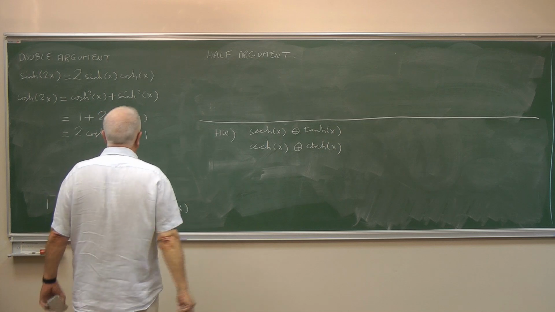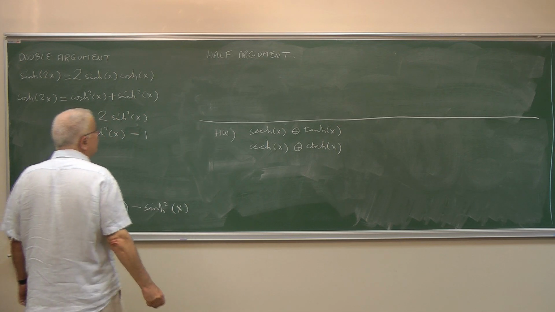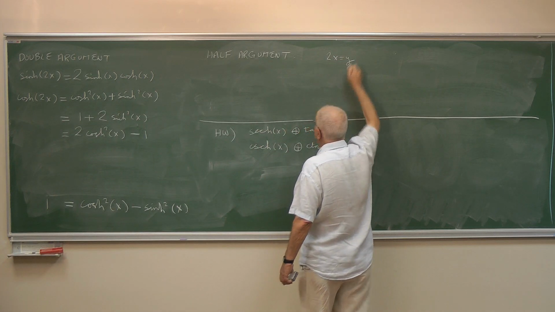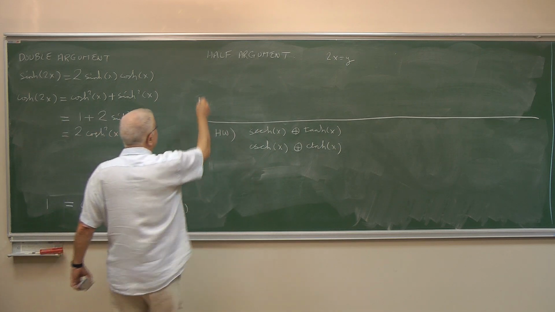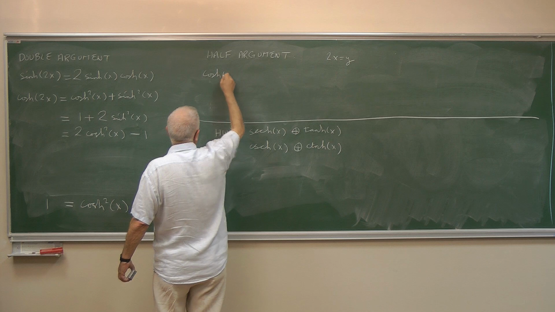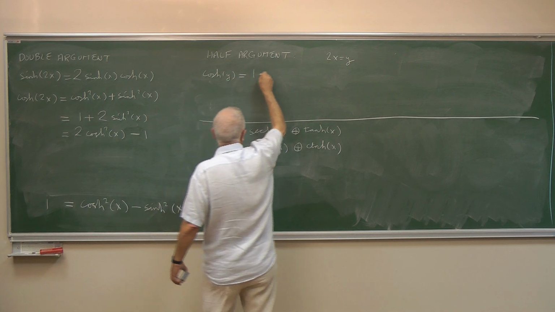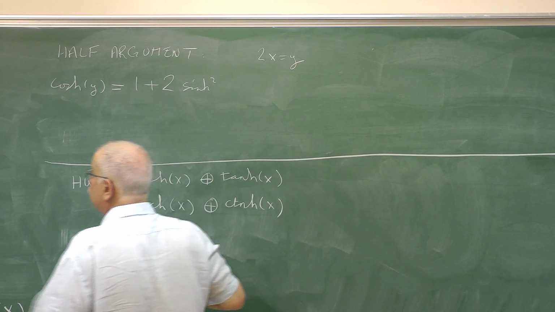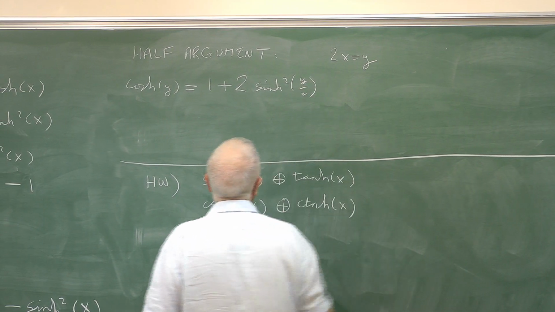So I simply say 2x equals y. So I say cosh y equals 1 plus 2 sinh square x, where x is y over 2.